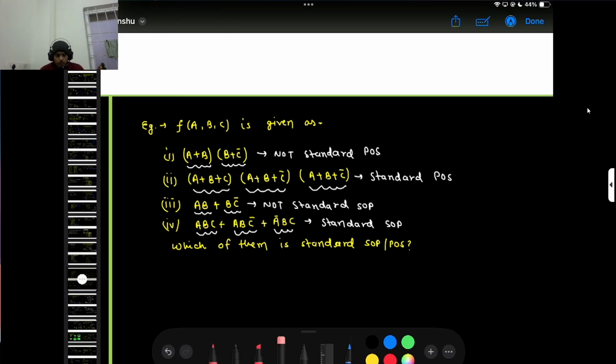For example, f equal to (A plus B) multiply (B plus C bar) is not a standard POS, not a standard product of sum form.